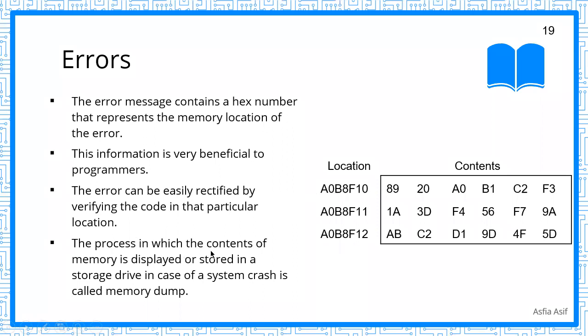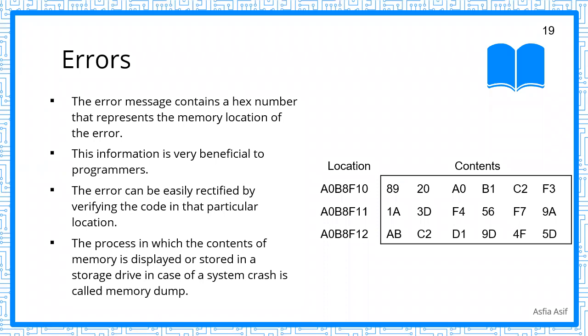This process in which the contents of memory is displayed or stored in a storage drive in case of a system crash is called memory dump. Especially whenever we get a blue screen, it means that there has been some drastic problem with the operating system and it cannot function anymore.